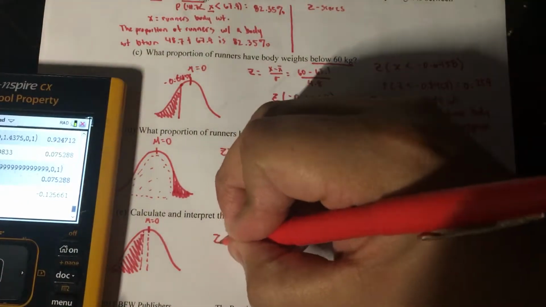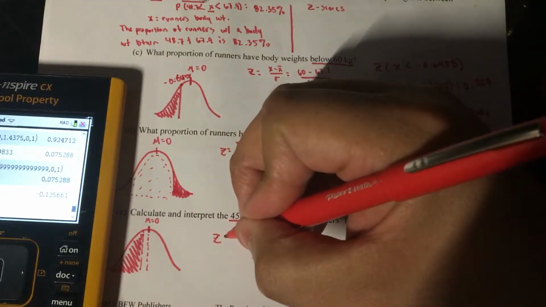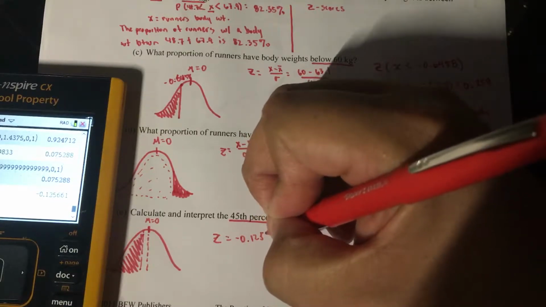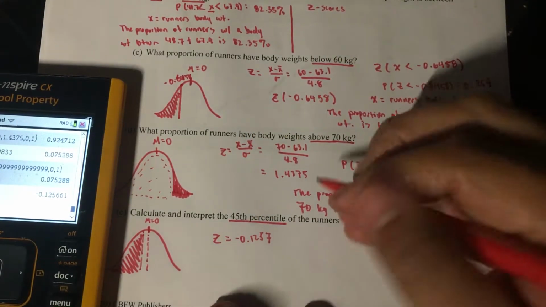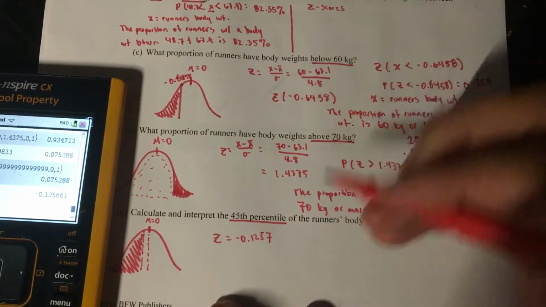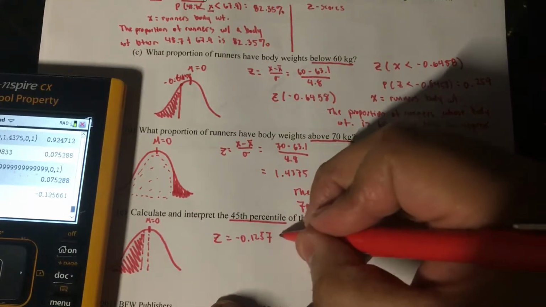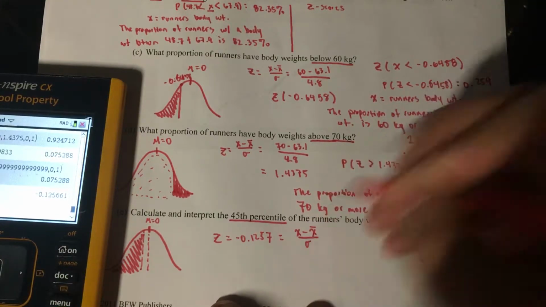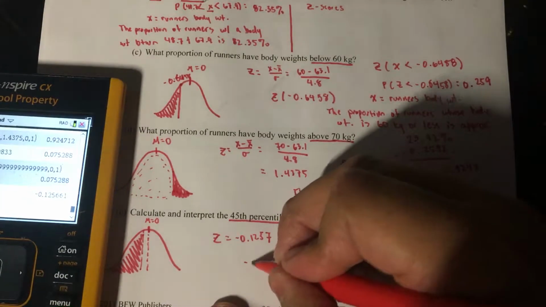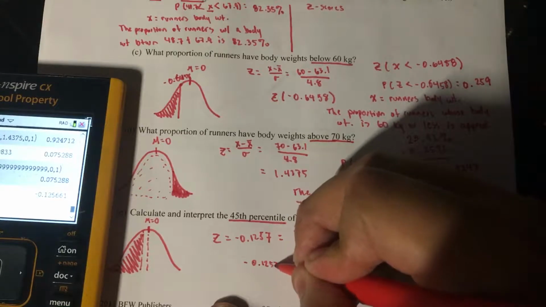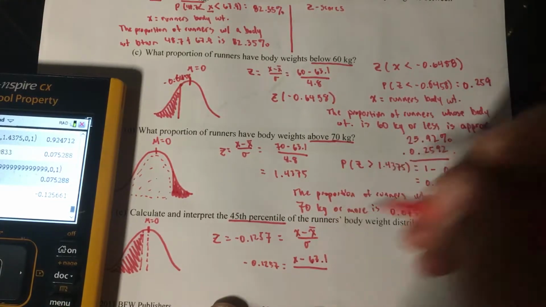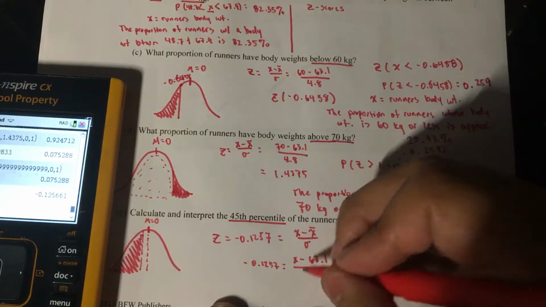So z is equal to negative 0.1257. If I want to know the value of x, I set this equal to (x minus x bar) over standard deviation. So negative 0.1257 equals (x minus 63.1) over standard deviation of 4.8.